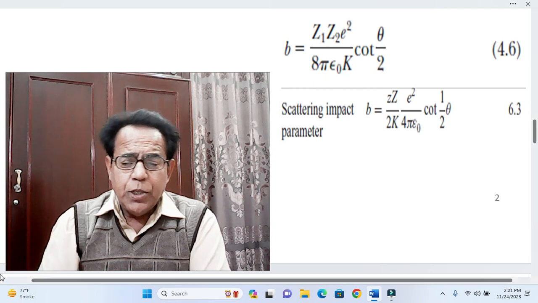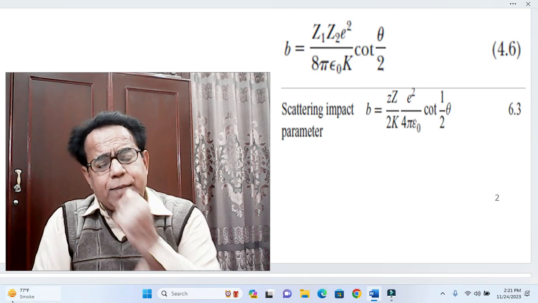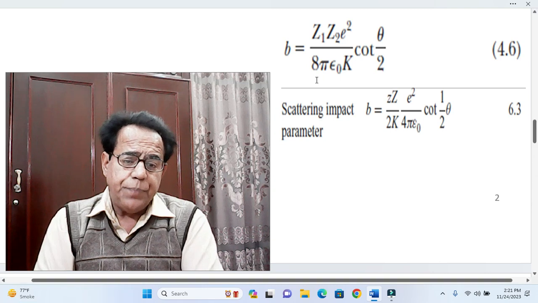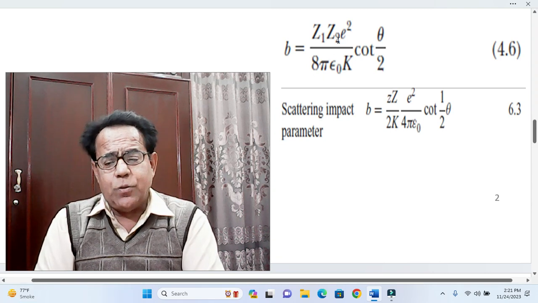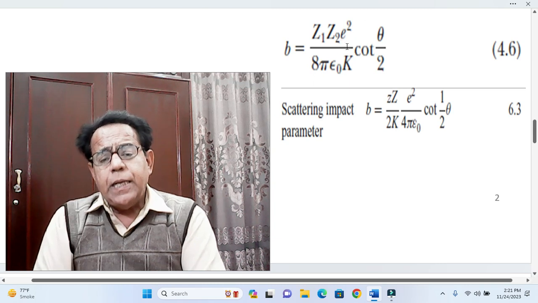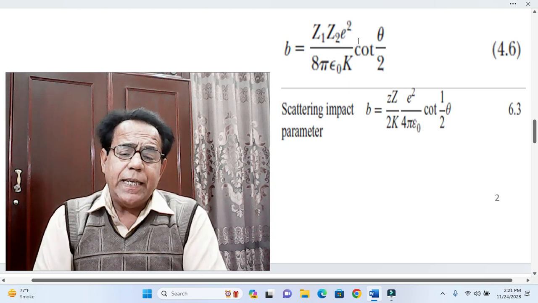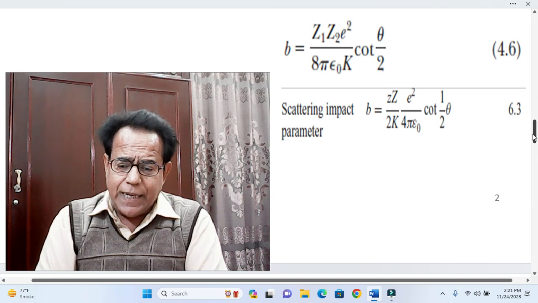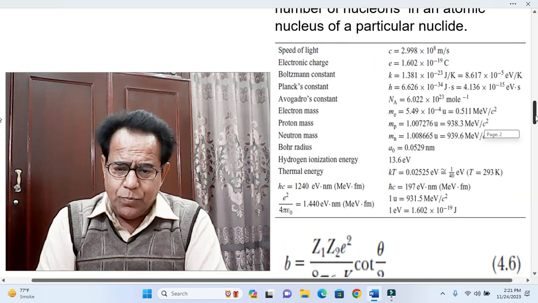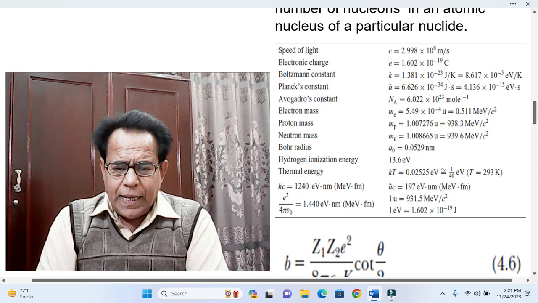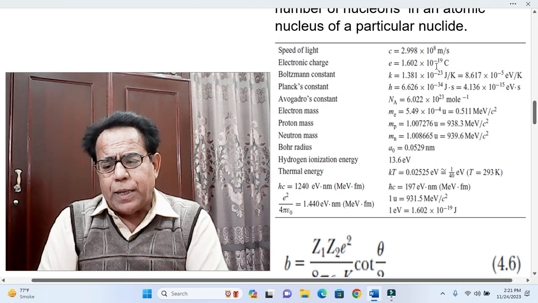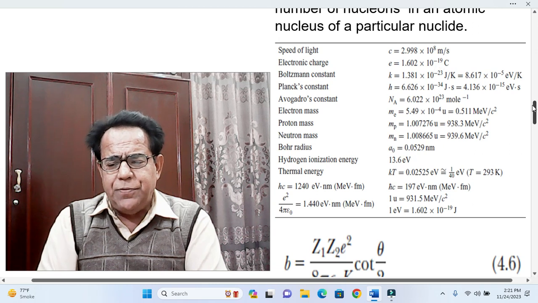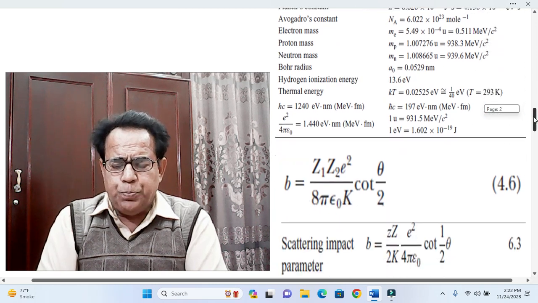So in place of Z1 Z2 we will put 2 multiplied by 79. The value of e, the elementary charge, is given in the table: electronic charge e equal to 1.602 into 10 raised to the power minus 19 coulomb. But we will not need to put this value.